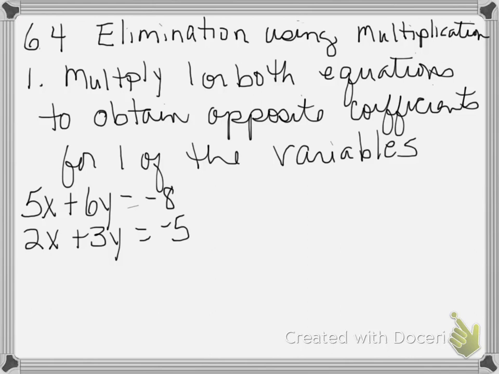If you look at this equation, neither one of them has opposite coefficients. But if you look at the y's, if the second equation had a negative 6y, then they would be opposite coefficients. So what we need to do to make it a negative 6y is multiply the whole equation by a negative 2.